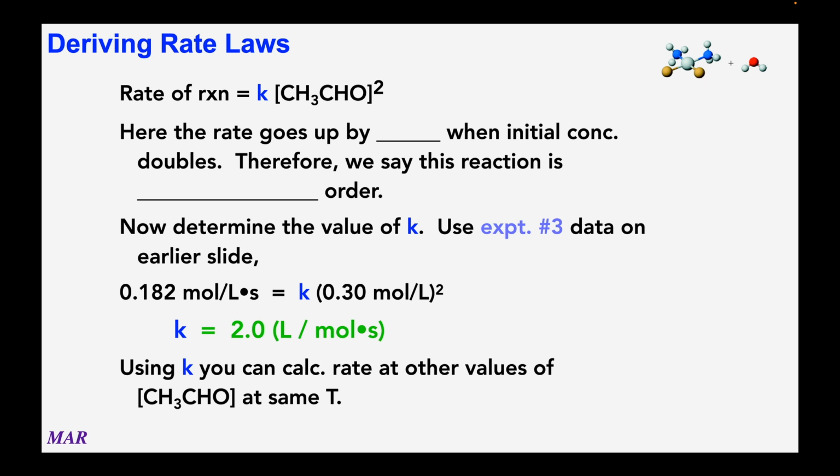So the only thing here we don't know is K. If you want to calculate K, K is 0.182 divided by 0.3 squared, and that comes out to be a value of 2.0. So you can now find the rates at other concentrations, as long as you don't change the temperature. If you change the temperature, you change the K, not quite as much fun.